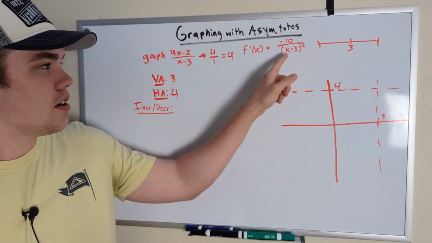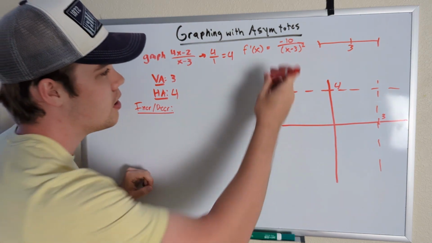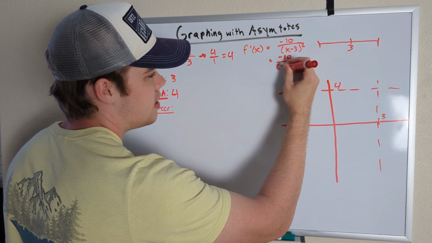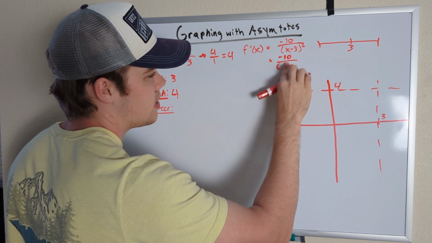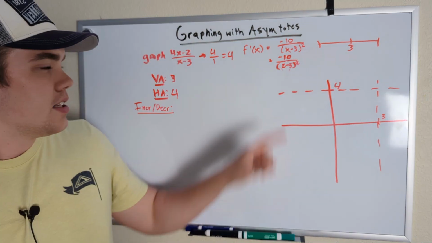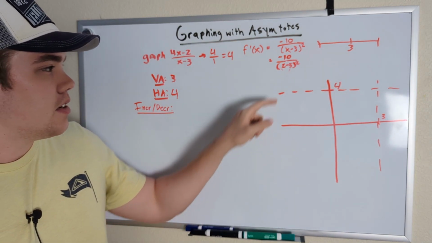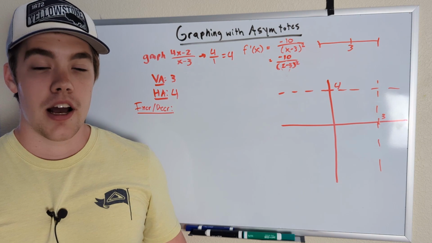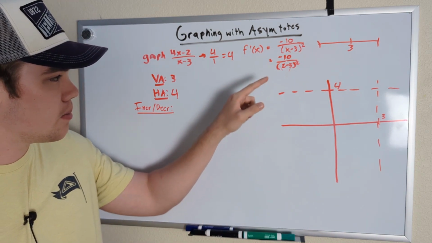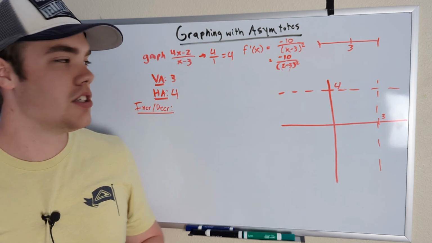Now let's plug in one number below 3, say 2. We would get -10 divided by (2 minus 3) squared. Oh, hold on, I wrote that backwards, my bad. Now this ends up turning into -10 divided by (-1) squared. A negative number squared will always be a positive number. So this ends up being a negative number divided by a positive number, which is a negative number.